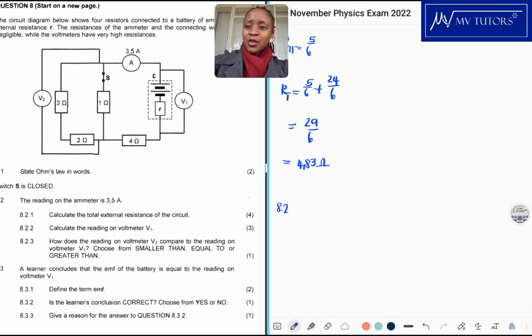Now 8.2.2. Calculate the reading on voltmeter V1. That is the voltmeter across the EMF and the internal resistor. Here, using Ohm's law, we are going to use the full current, which is 3,5 amperes, and the total resistance.